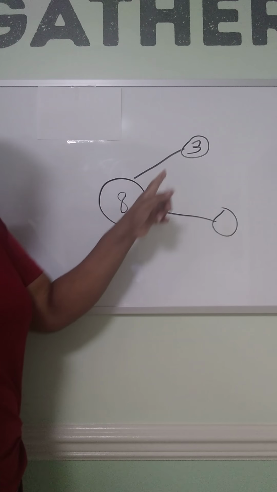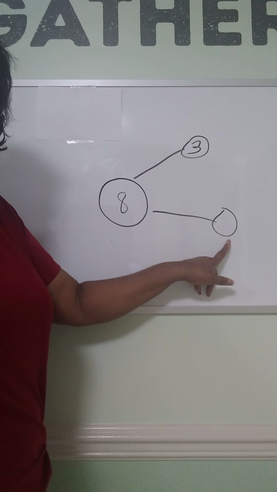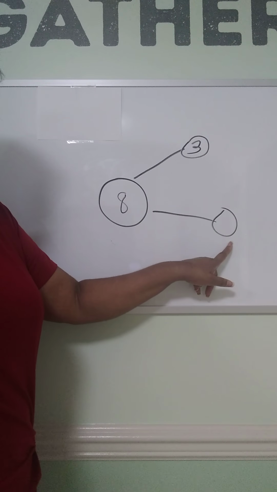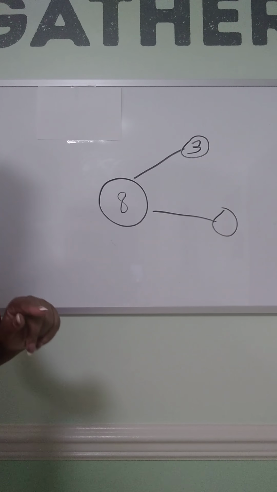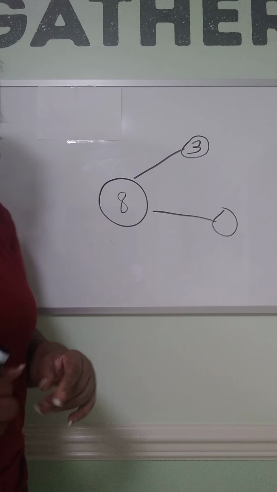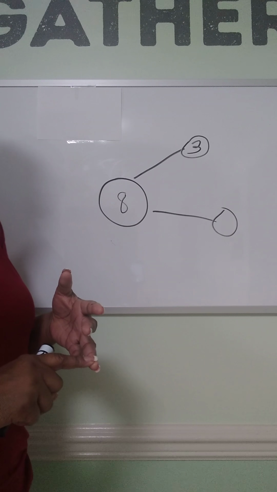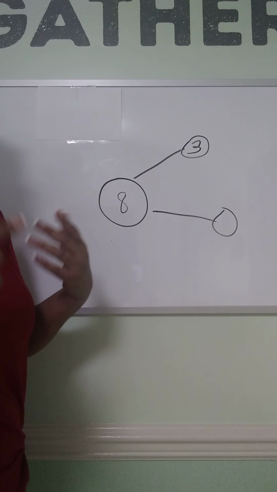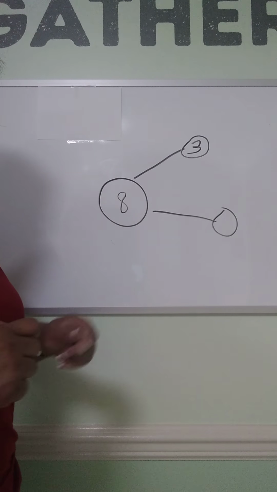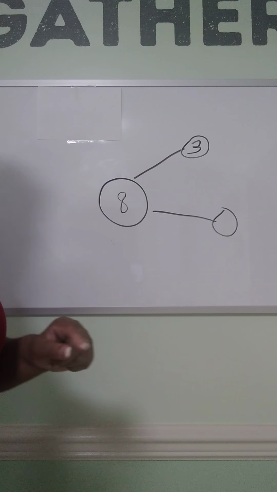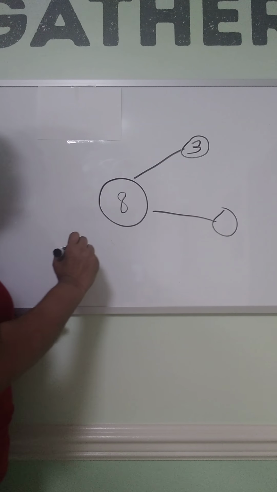Now we have to figure out what number goes in the second part, in the second circle. Remember, we start with our whole number first. Remember, you can use your fingers, you can use cubes, you can use circles, you can use any objects that you want. I'm going to use squares this time. I'm going to count 8 squares.